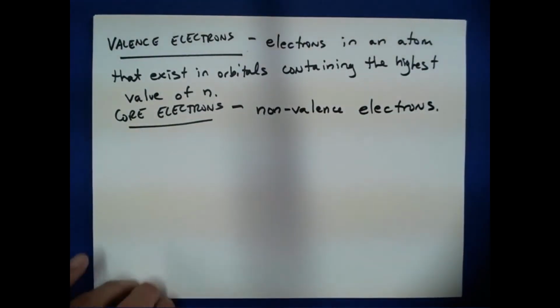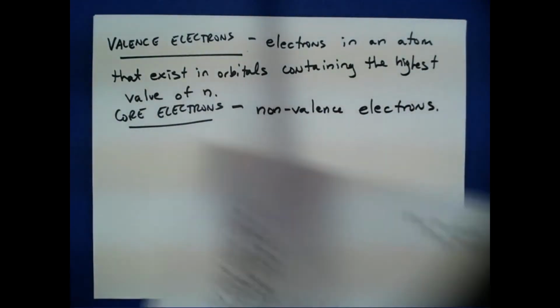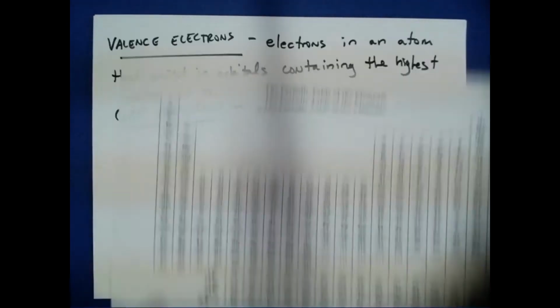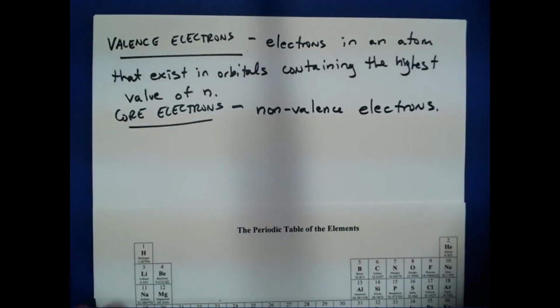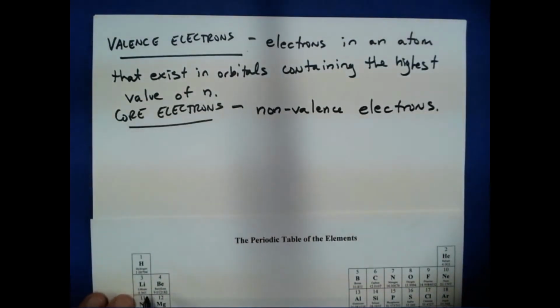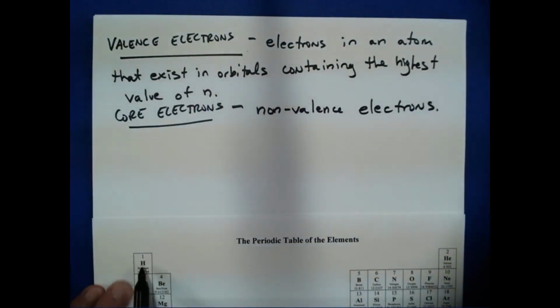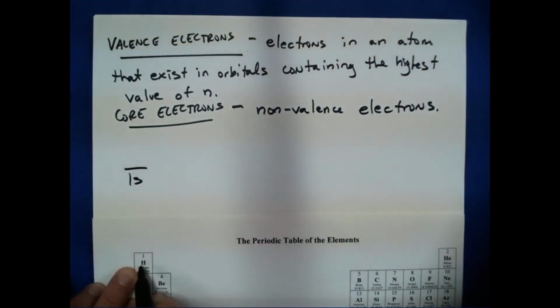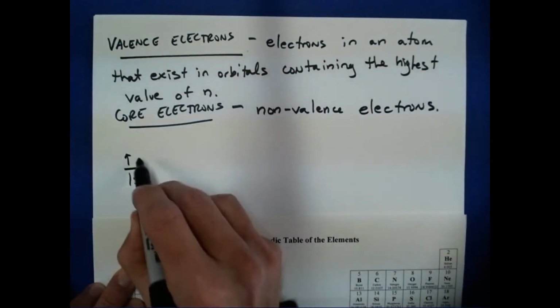Let's look at this, say, for the elements lithium and sodium. So if we take the element lithium, if I were going to draw the electronic configuration for lithium, I'd start here in the first period, and I know I'd be in the 1s subshell here, and I'll put in an electron for hydrogen and another electron for helium.